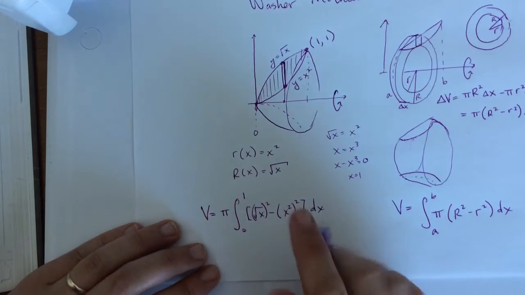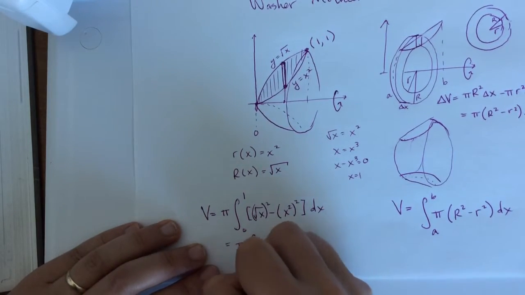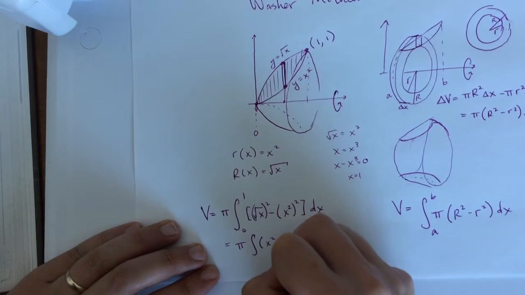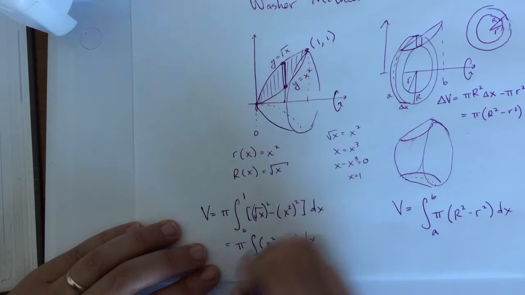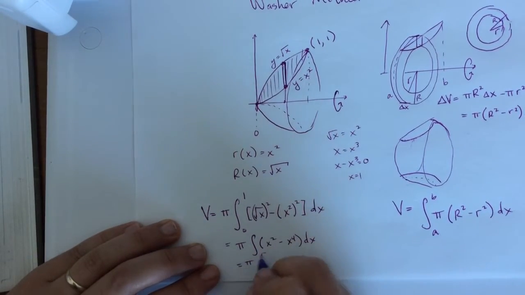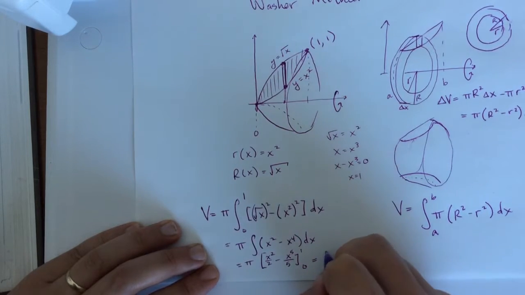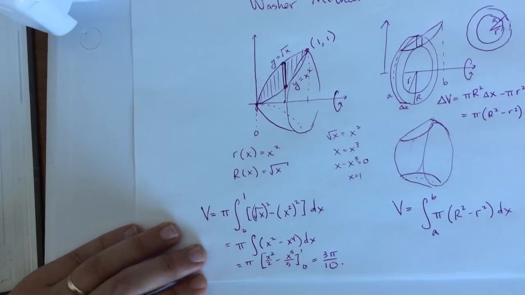My integral is taken with respect to x. That's pi times the integral of, let's just simplify this as x minus x to the 4th dx, which is pi times the antiderivative, x squared over 2 minus x to the 5th over 5, from 0 to 1, which, with a little bit of algebra, is 3 pi over 10.